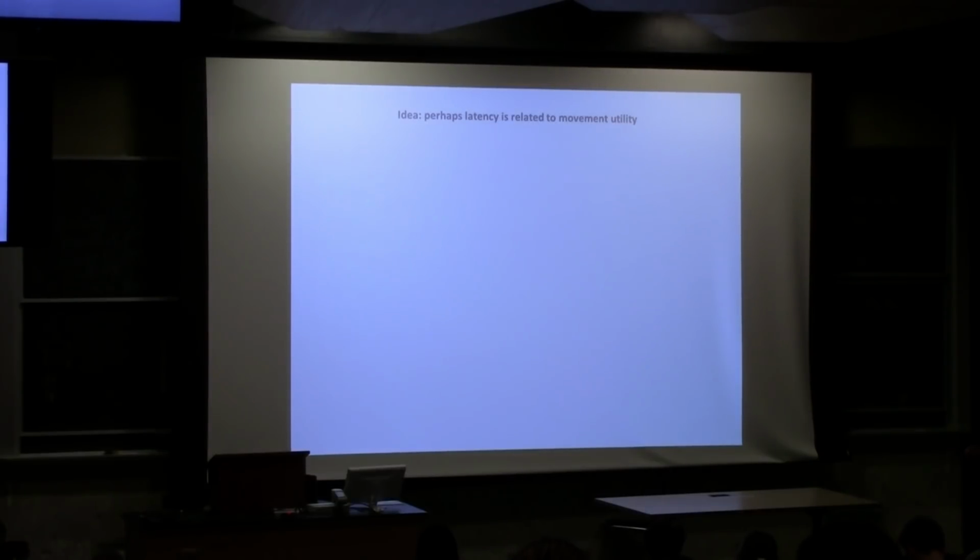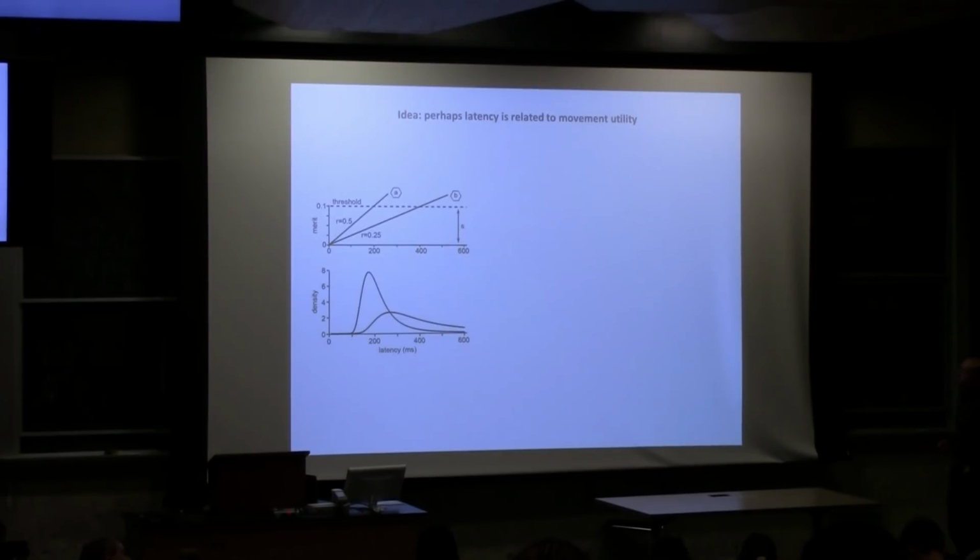Okay. So perhaps latency is related to utility. Remember, we had this idea that something is integrated until it reaches threshold. If that thing being integrated has a high rate, it's going to get there earlier. If it has a low rate, it's going to get there later. But what is this rate that we're talking about? Well, remember, we had this concept of utility, and our concept of utility is a rate.